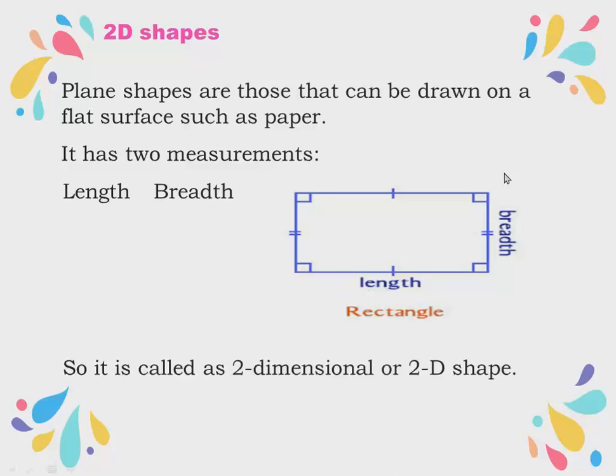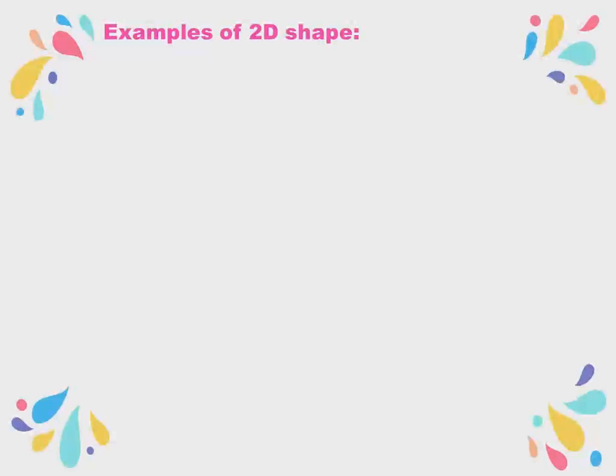Then those shapes are called two-dimensional or 2D shapes. Plane shapes that can be drawn on a flat surface like paper, which have only two measurements, length and breadth, which can also be called width, are called two-dimensional or 2D shapes.